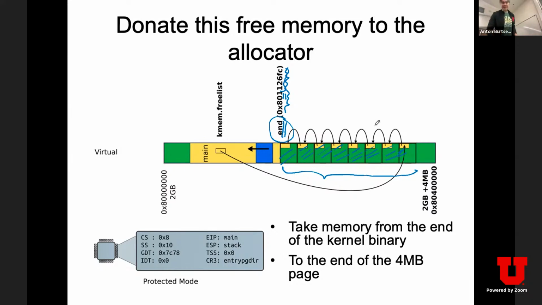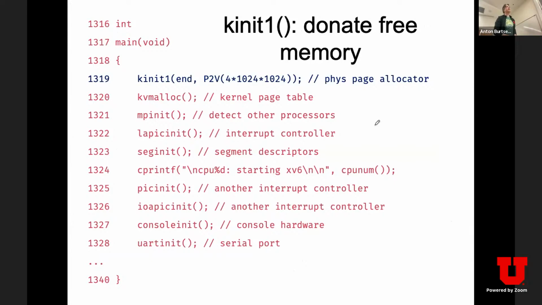Okay, cool. So this is exactly what x86 is doing. Immediately after entering main, the very first function they call is called kernel init1. And kernel init1 says, okay, we will donate free memory to the memory allocator, starting from the end symbol, going to the end of the 4th megabyte, right?